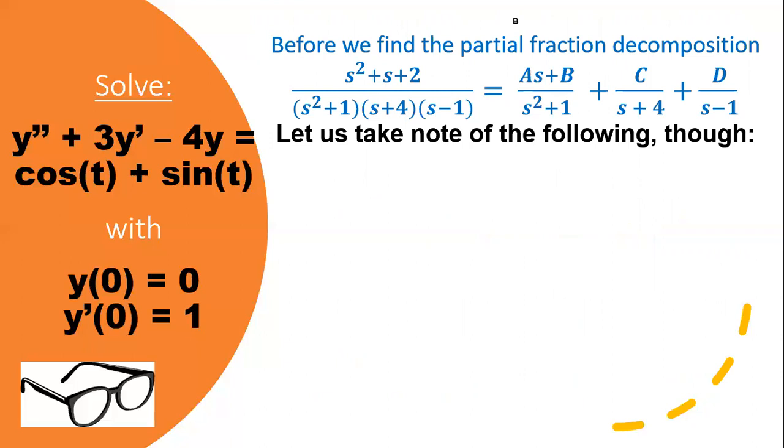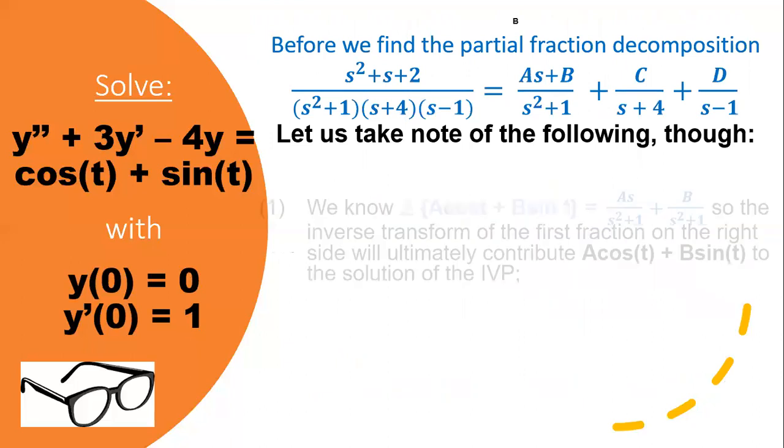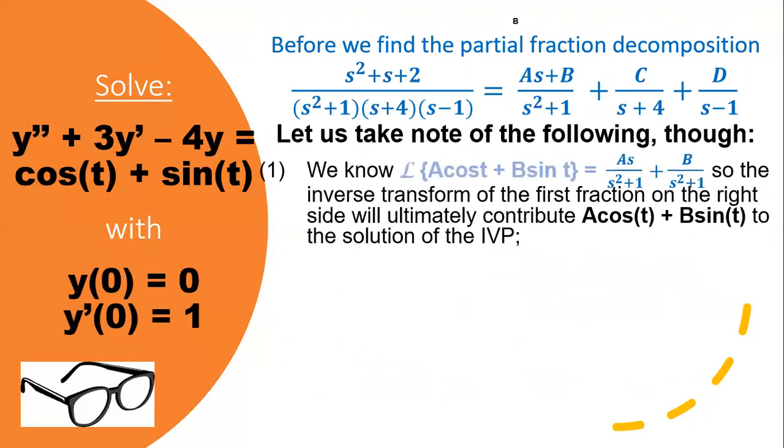Now, before we find the constants a, b, c, and d that are necessary to make that true, let's take note of the following important realization. First, when we look at the first fraction on the right-hand side in the partial fraction decomposition, as over s squared plus 1 plus b over s squared plus 1.